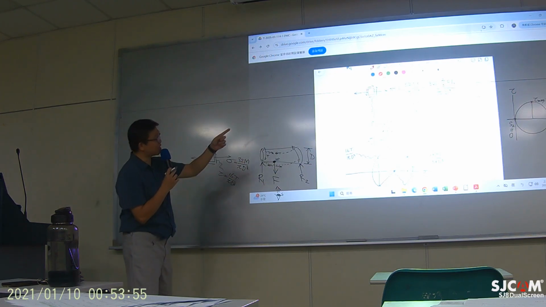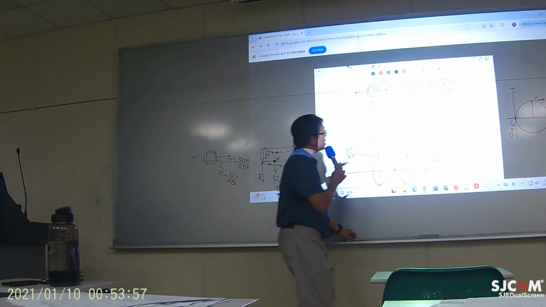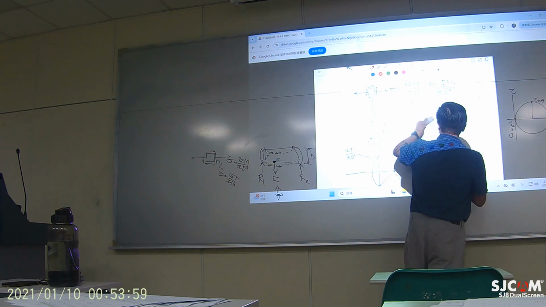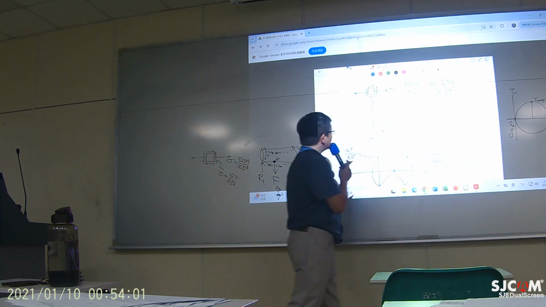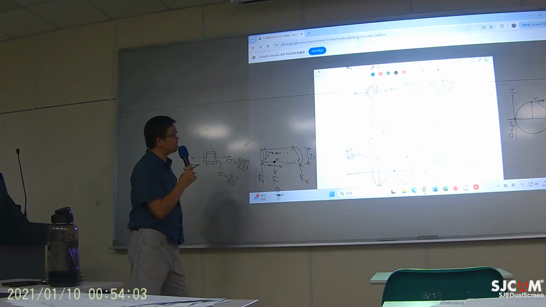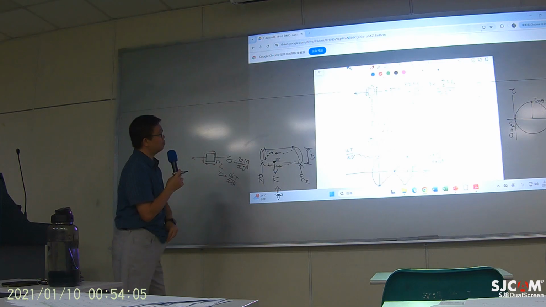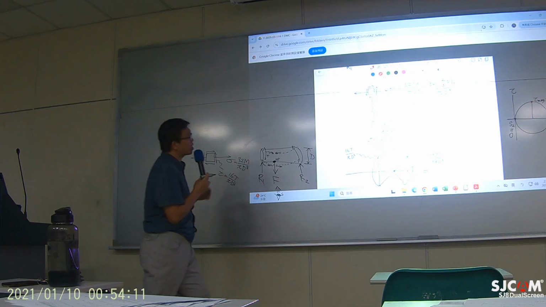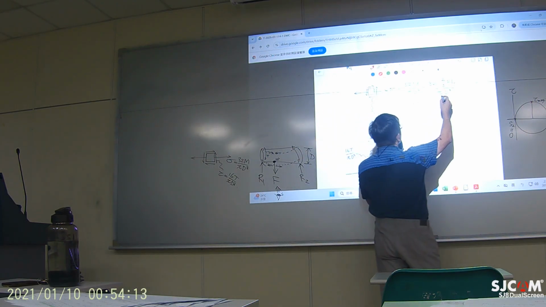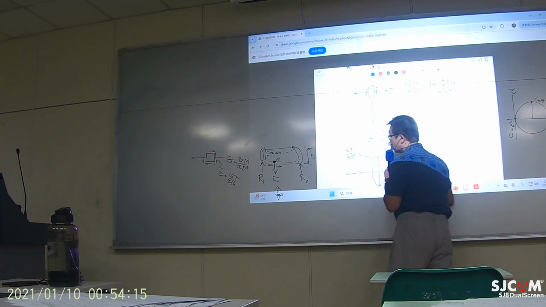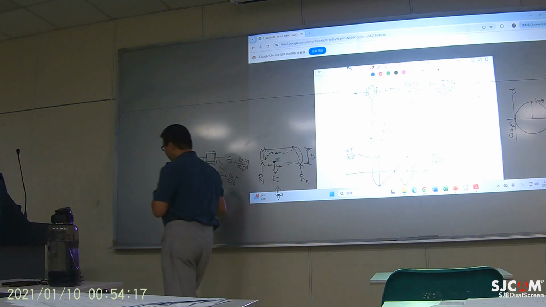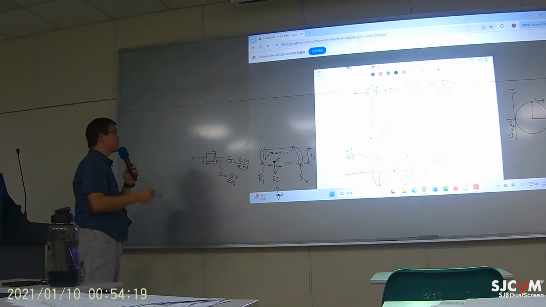Yeah, as what I have written on the board. And you already know the amount of M from the problem solving. So you just need to plug in here. M equals 2/3 of FL, just plug it in.